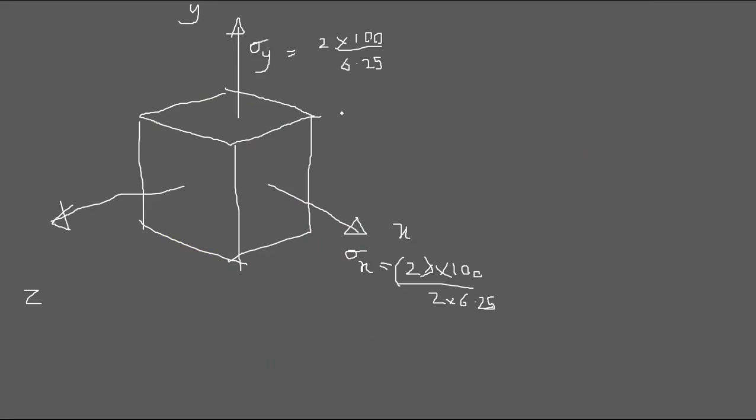So simply divide this by 2. That's going to give you 200 over 6.25, so that's going to give a value of 32. And this is going to give you a value of 16. Okay, so yes, we are done.